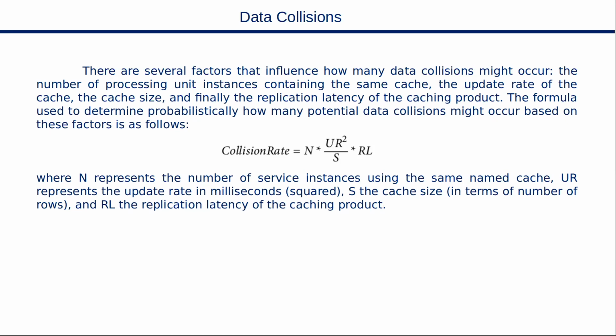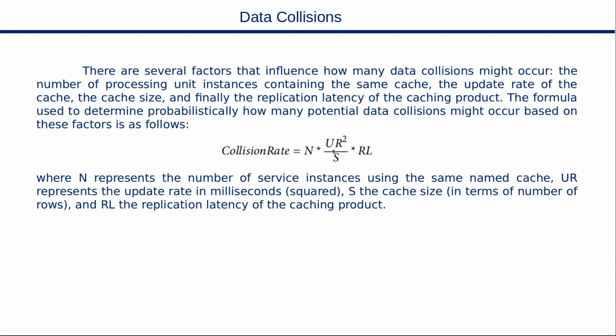Here we have the formula used to determine probabilistically how many potential data collisions might occur based on these factors. So we can try to calculate this collision rate with such an approach. Here we have n, which represents the number of service instances using the same named cache. So we can play around with this number of services and see how it affects the collision rates. This value represents the update rate in milliseconds.